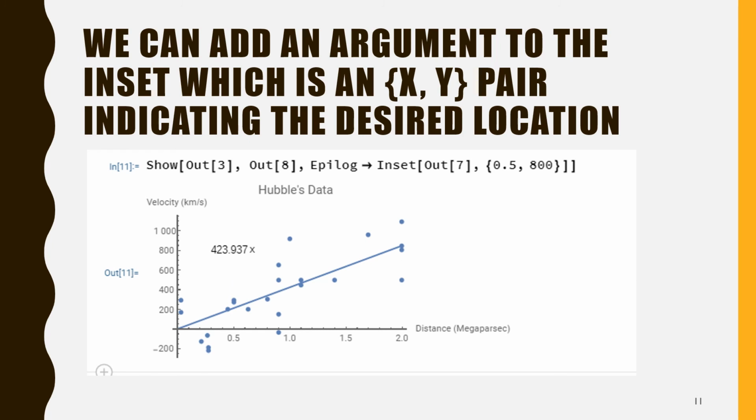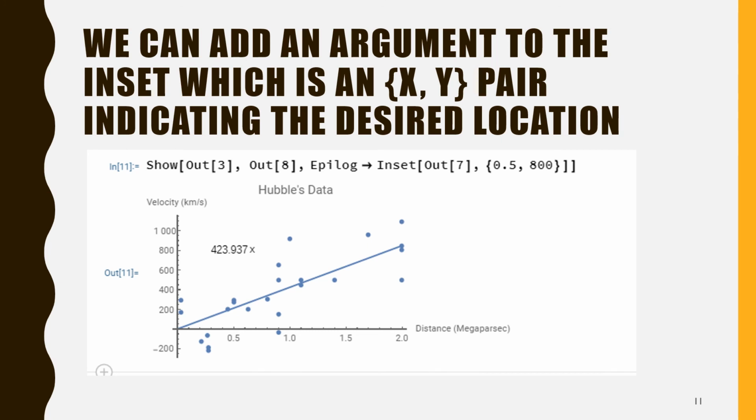If we want to control where that equation is displayed, we can add an argument to Inset, which is an XY pair. So now we see Epilogue -> Inset[Out[7], {0.5, 800}]. Out 7 is what we want to display, and then comma, and then curly brackets with an X and a Y value.